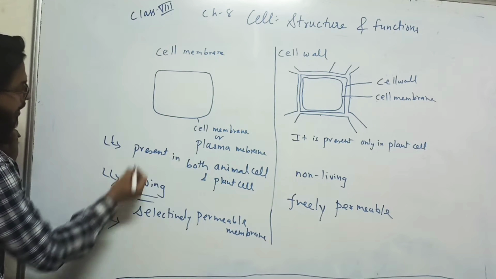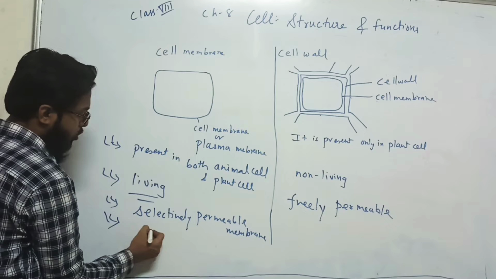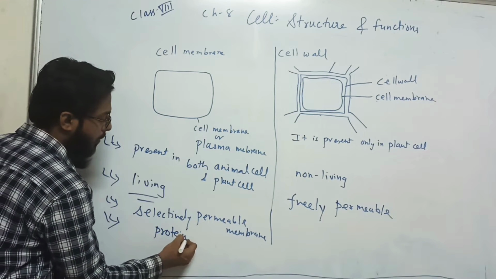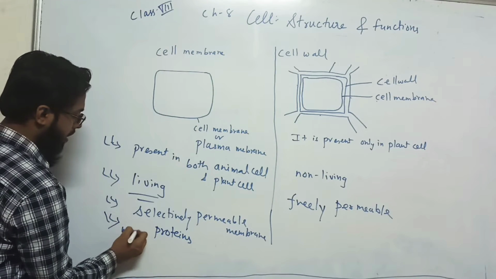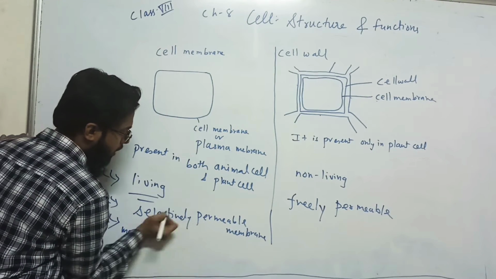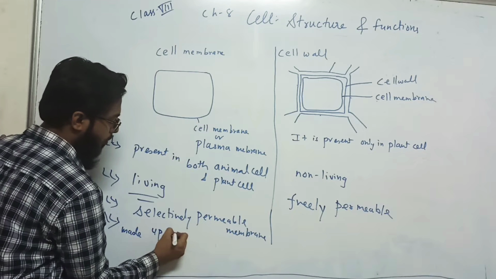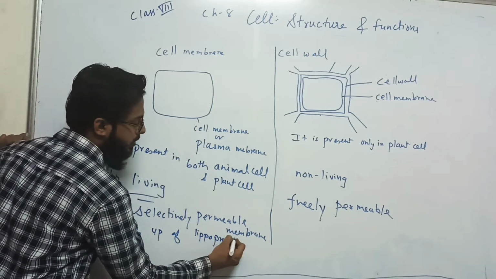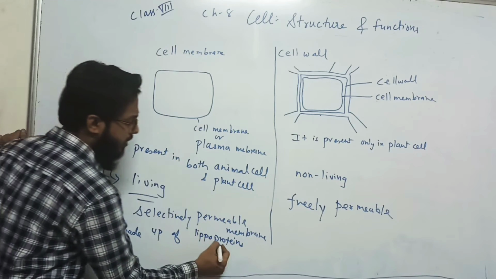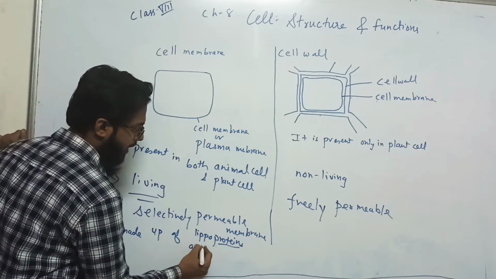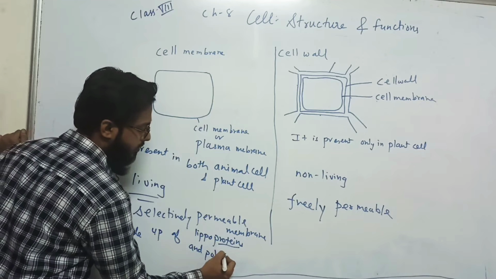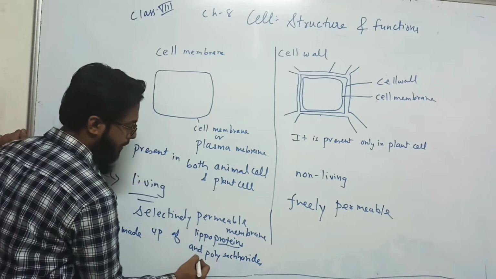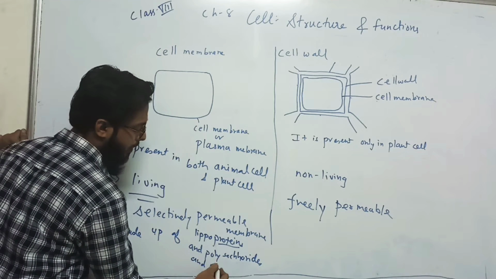Then what else we have? It is made up of, actually at your level, what? Actually cell membrane is made up of lipoproteins, but you can just remember as proteins, and polysaccharides, that is sugar molecules, lipids and phospholipids.